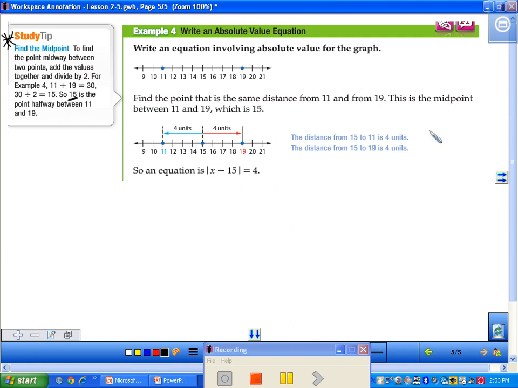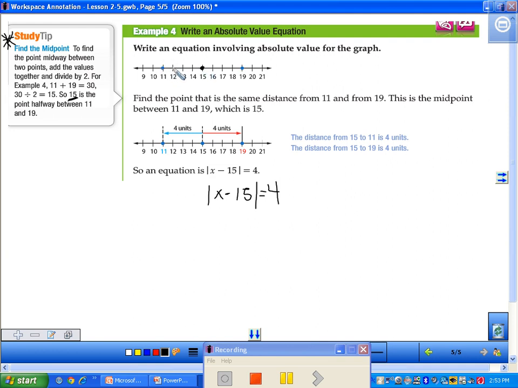Now they go into this example. Find the midpoint that is the same distance from 11 and 19. This is the midpoint between 11 and 19, 15. So we can write an equation from that. We know the absolute value of x minus my midpoint equals 4. This is the equation for the graph that we see up here. Once we find our midpoint, we count how many units it is away.